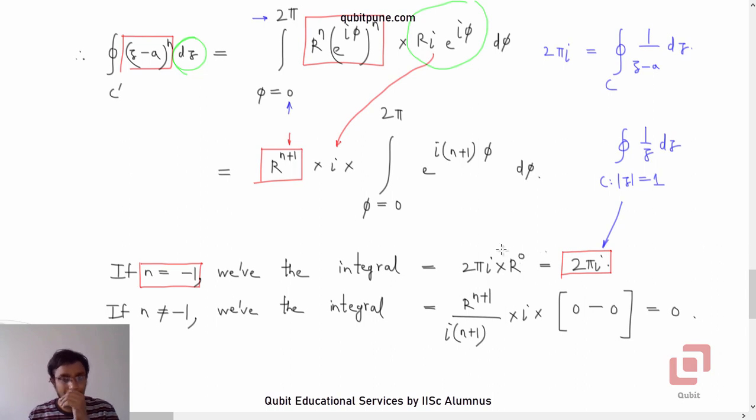This time we have to keep r to the power n plus 1 as it is, i as it is, and apply the integral formula for the exponential function.